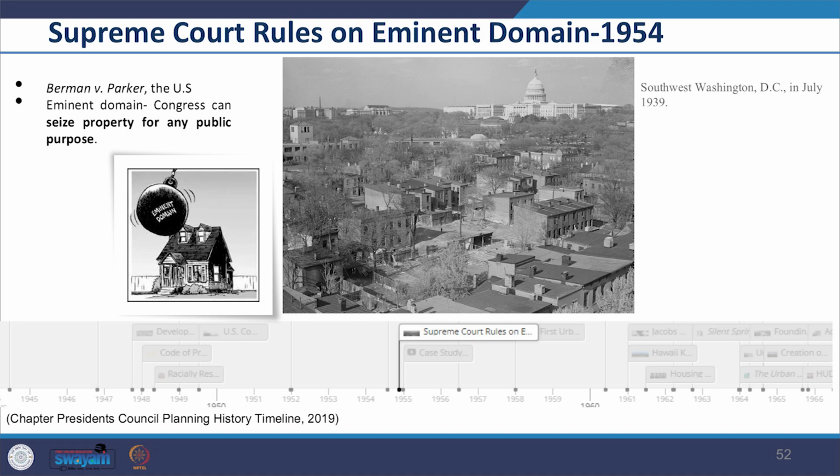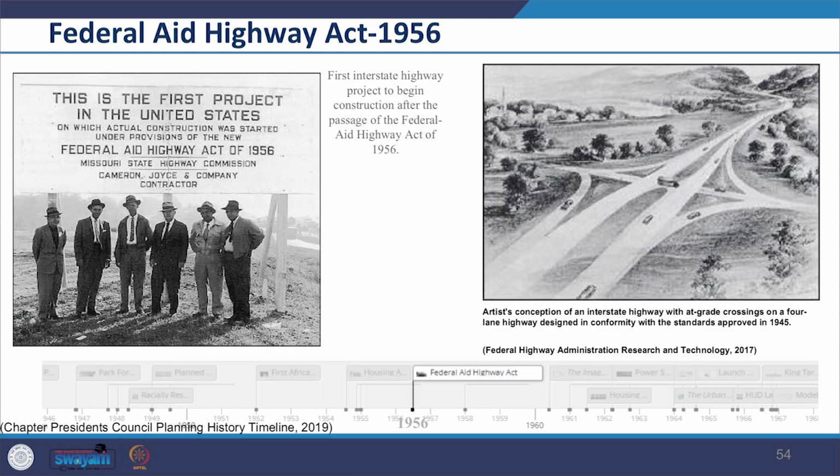our initial lecture. Later in 1956, we see that the Federal Aid Highway Act came in. President Dwight Eisenhower signed the Federal Aid Highway Act, or the National Interstate and Defense Highways Act, into law, with a plan to fund nearly 41,000 miles of interstate highways over a period of 10 years.